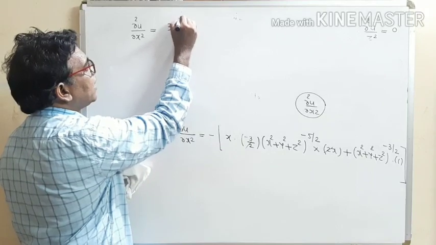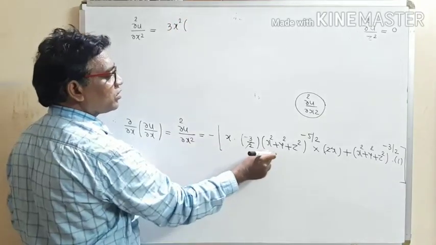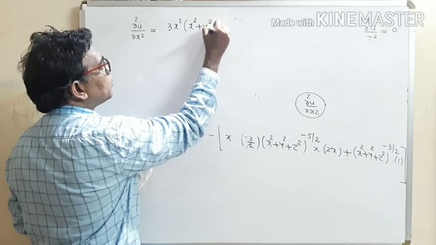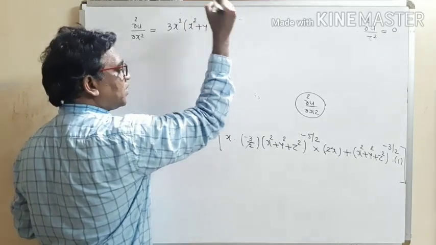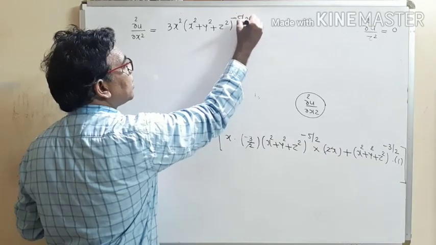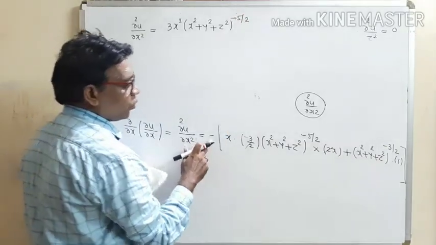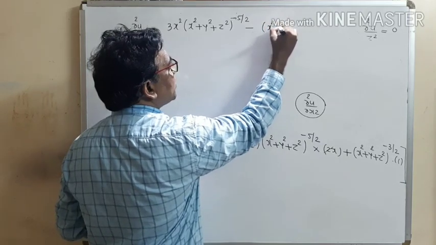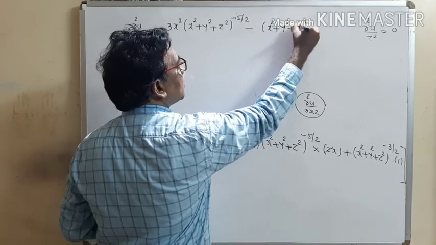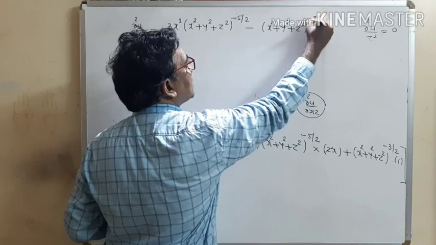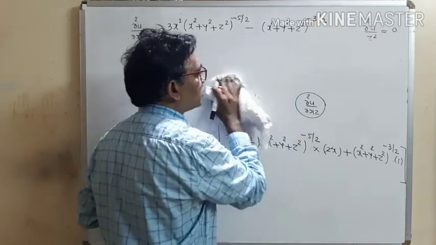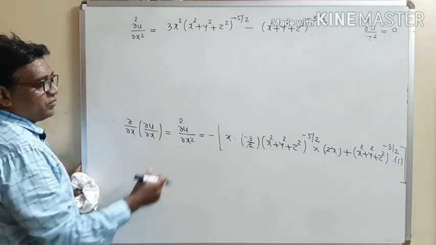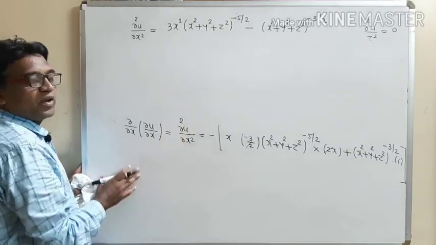So this is 3x² into bracket, what is the remaining term? (x² + y² + z²) raised to minus 5/2, and open this bracket, it is minus (x² + y² + z²) raised to minus 3/2. So this is our first term, which is ∂²u/∂x².